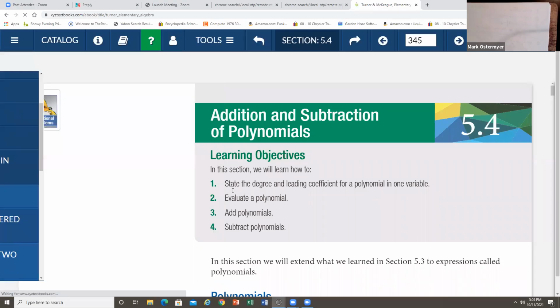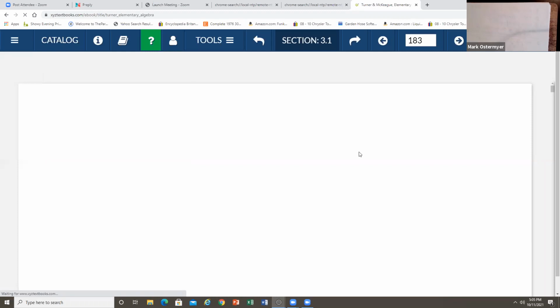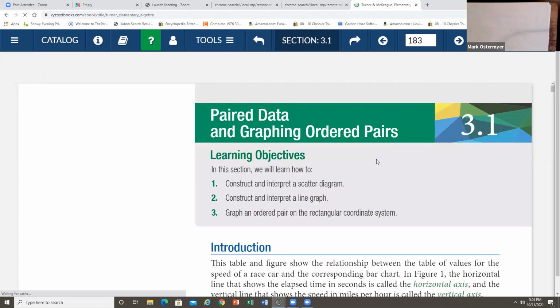All right, so section 3.1 is where we will begin.